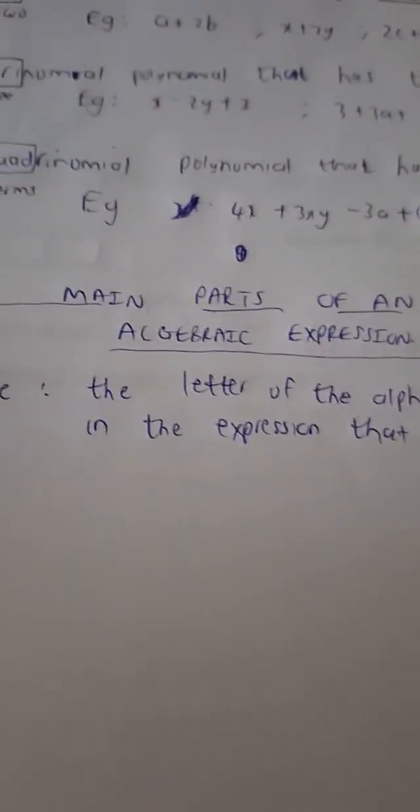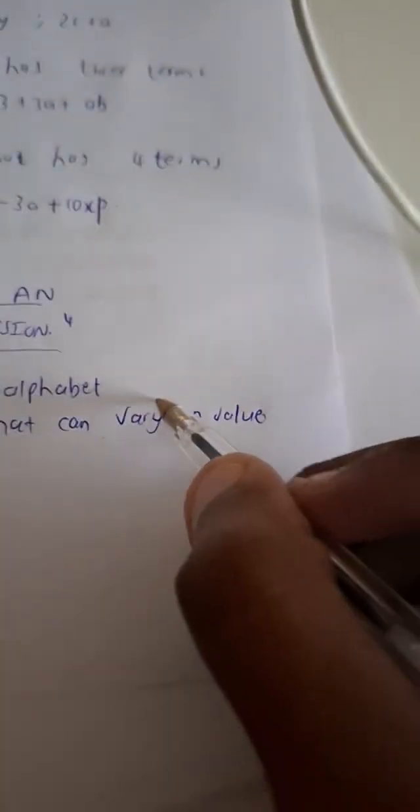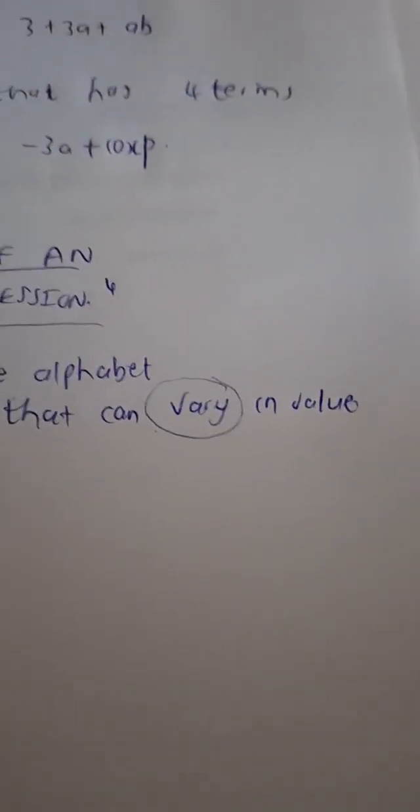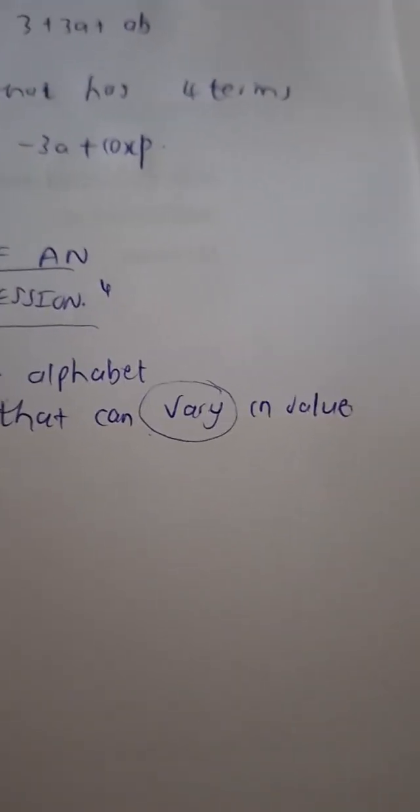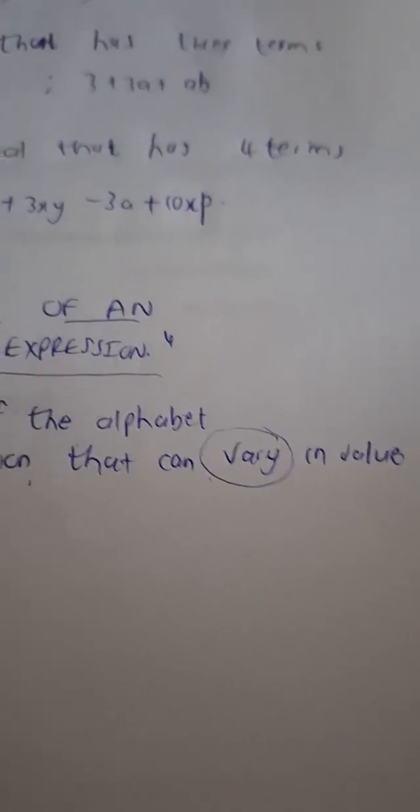Okay. The letter of the alphabet in the expression that can vary. And the word vary means it can change. It can be different. Right? You know. So it's the letter of the alphabet. That's a variable. It stands in the place of an unknown number.